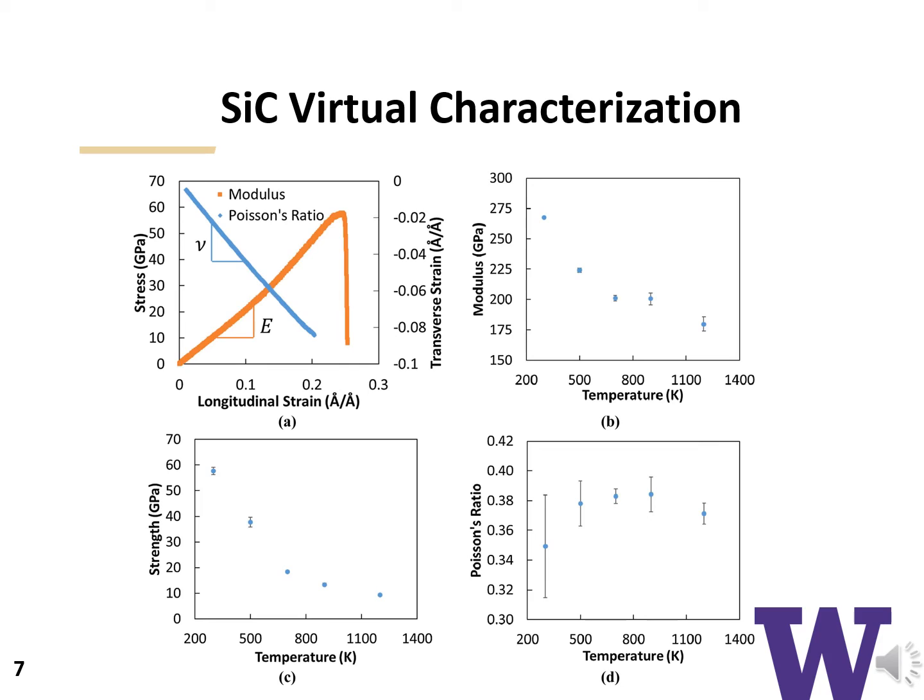We also calculated the modulus, strength, and Poisson ratio for SiC ceramics. Interestingly, we see that the modulus decreases up to 700 Kelvin but plateaus between 700 to 900 Kelvin. The strength decreases monotonically. Poisson ratio also plateaus out after 700 Kelvin.